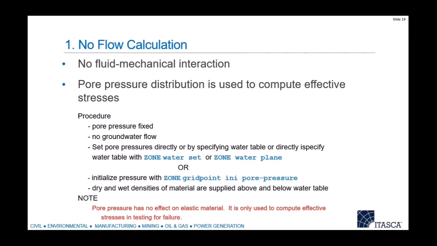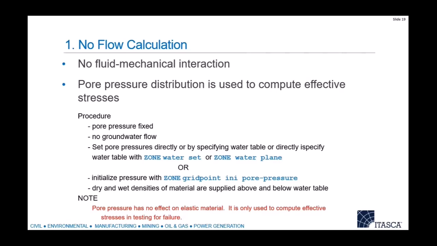Those options in your version of the code right now are: you can set a water table. In this case, you can set a very simple water table with the zone water plane, meaning I've just got a plane in space. Pore pressure increases below it due to gravity.